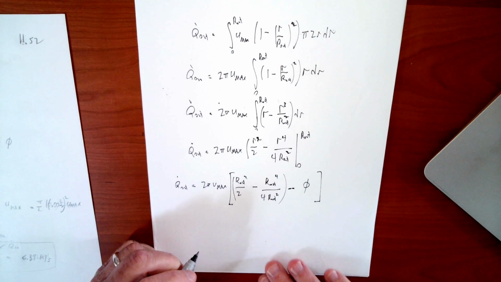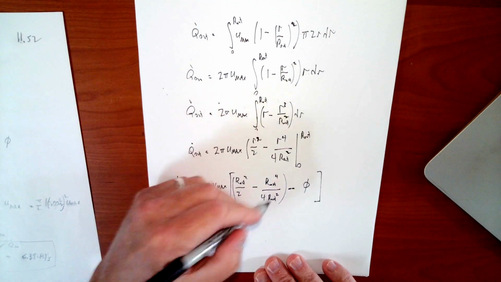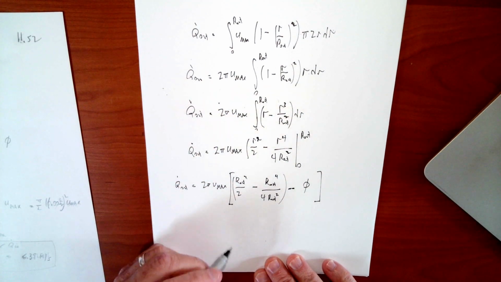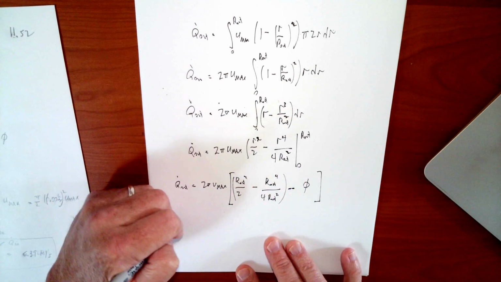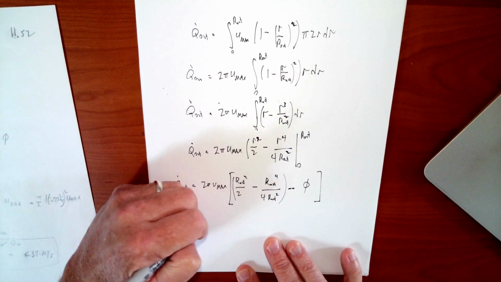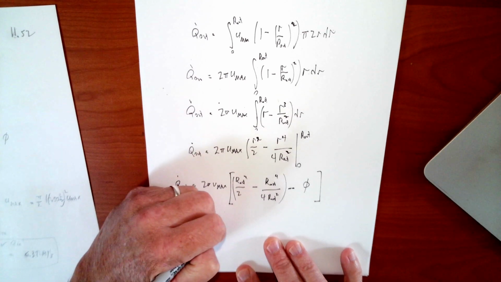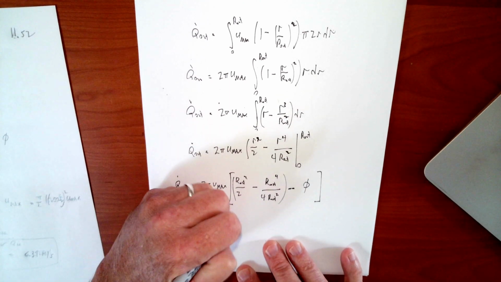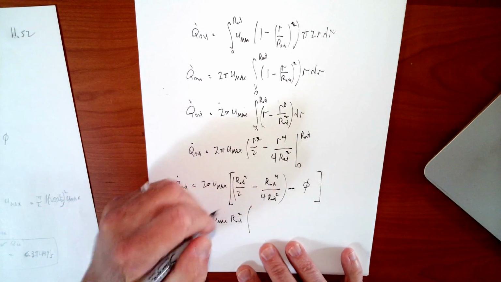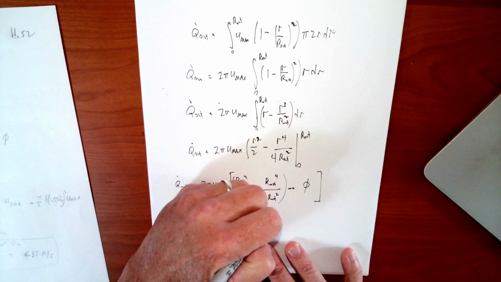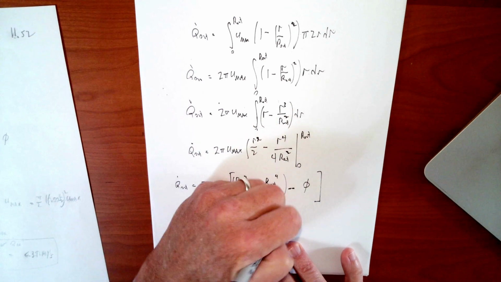So that's that. Obviously, these R outs are going to cancel a little bit. So I have R out squared in the numerator for both terms. So Q dot out is equal to 2 pi U max R outer squared times 1/2 minus 1/4.